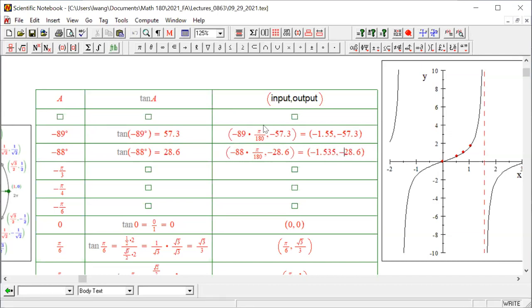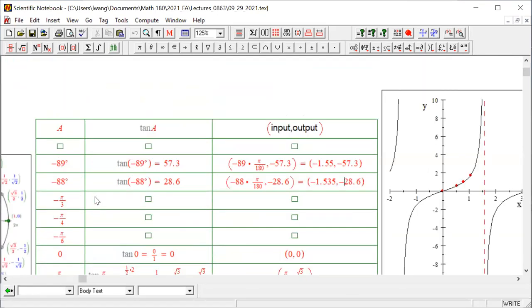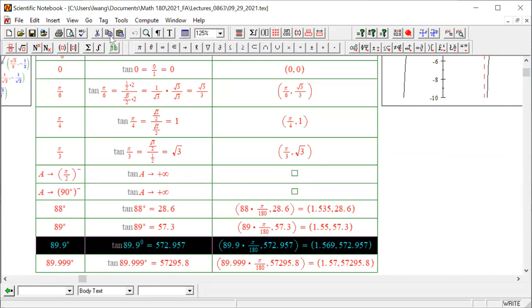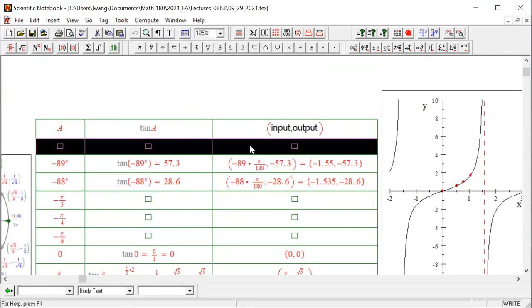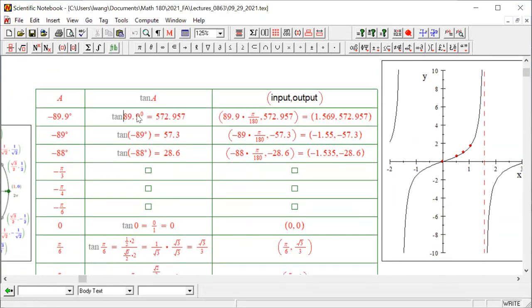Once we've done the positive piece, we can do the negative piece. Now let's see, what do we do? 89 degrees, 89.99 degrees. So this makes it so much easier, right?